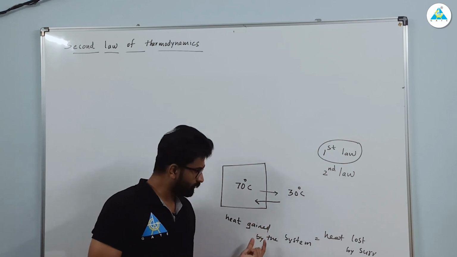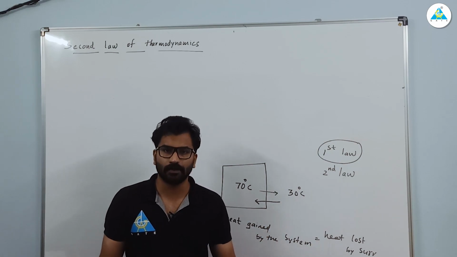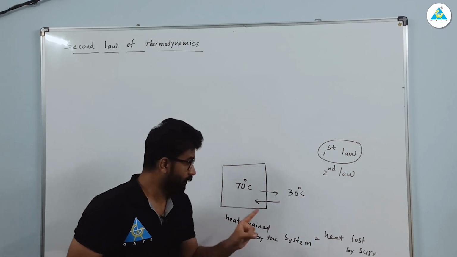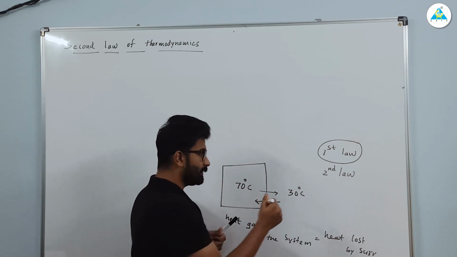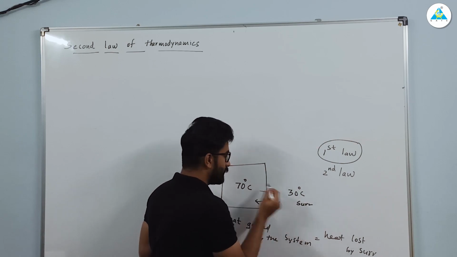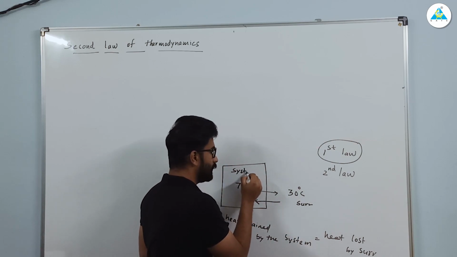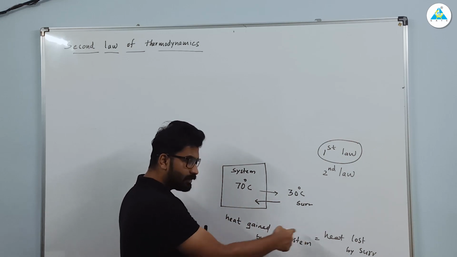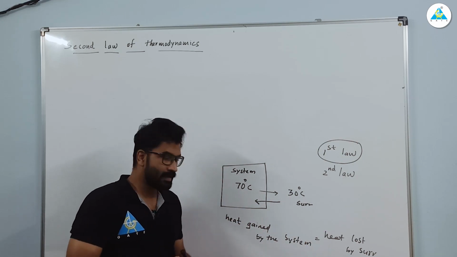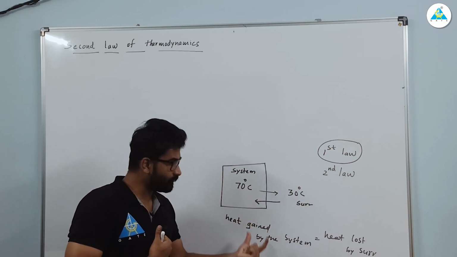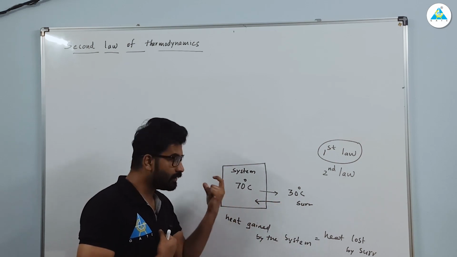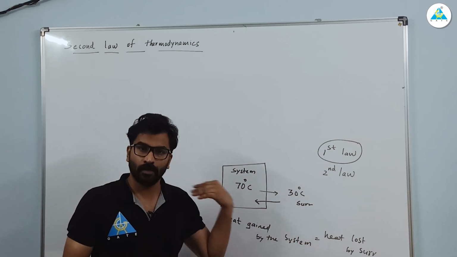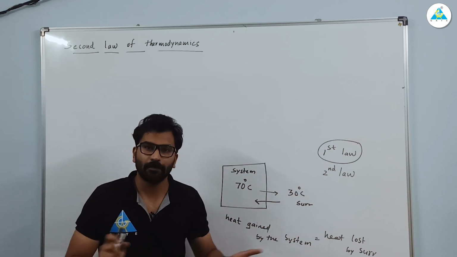According to the first law, this also satisfies the first law, no? Energy can neither be created nor destroyed. Same thing. 30 degrees Celsius is your surrounding, 70 degrees Celsius is your system. If you have a heat transfer process in the opposite direction, this statement is valid. That is, heat gained by the system is equal to heat lost by the surrounding. This also satisfies it.